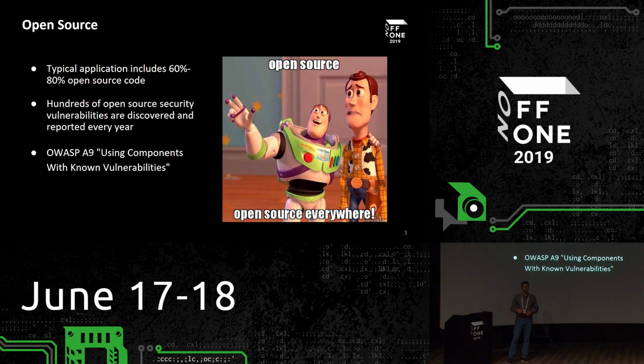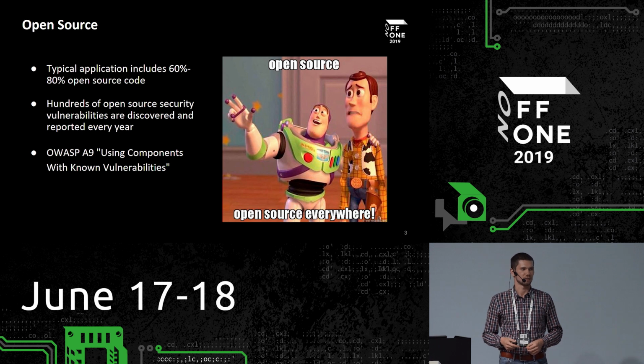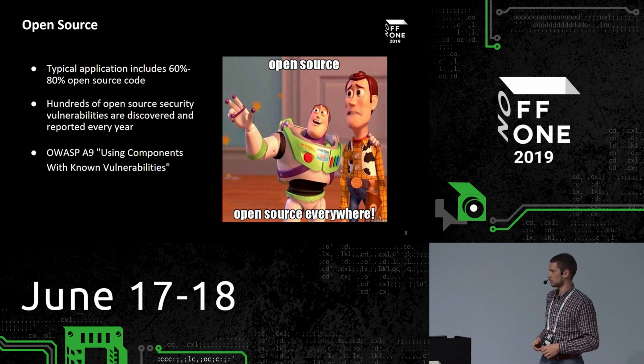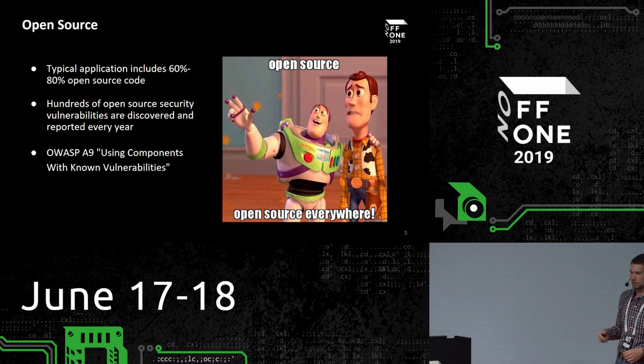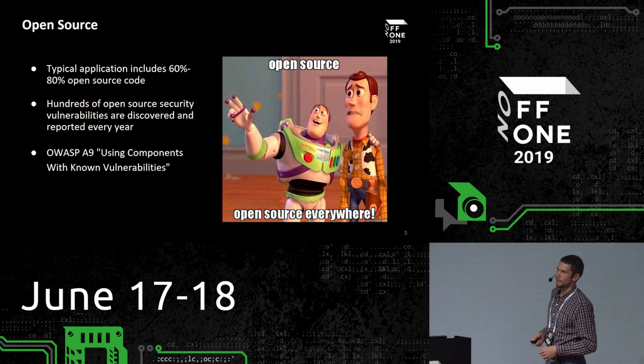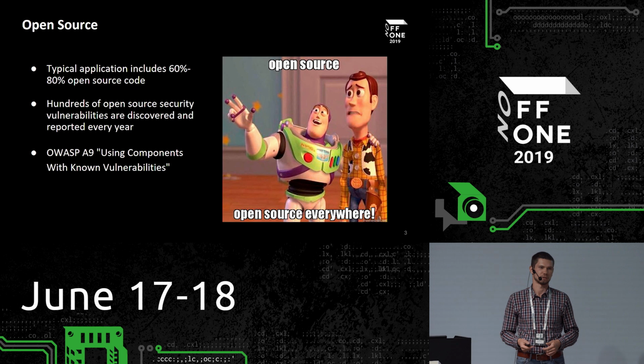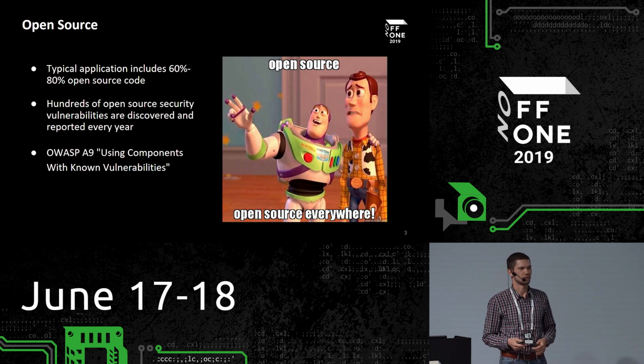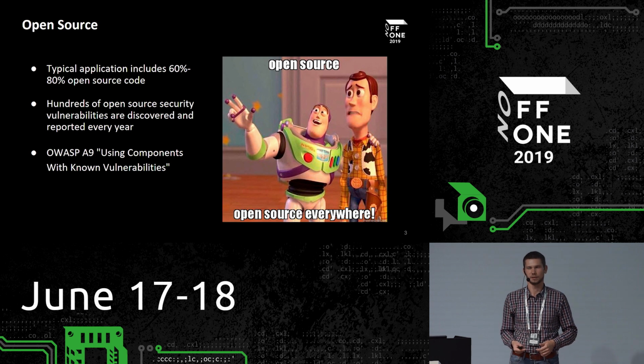OWASP has A9, using components with known vulnerabilities, which appeared separately in 2013. Even though it is one of the last, number 9, it is still quite important and should not be ignored, as often, even in small projects, you can come across a lot of open source libraries, some of which will be deprecated and old and contain some CVEs.